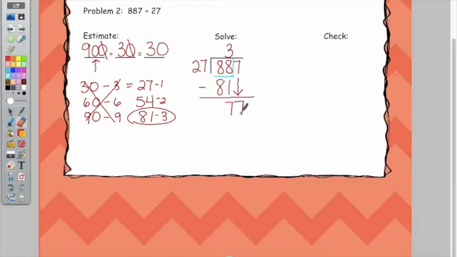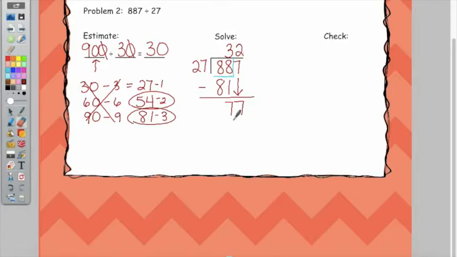We don't have to skip count anymore, do we? So which number is closest to 77? 54. Where will the 2 go? On top of the 7. Remember, the number you bring down is the number you write it on top of, okay?